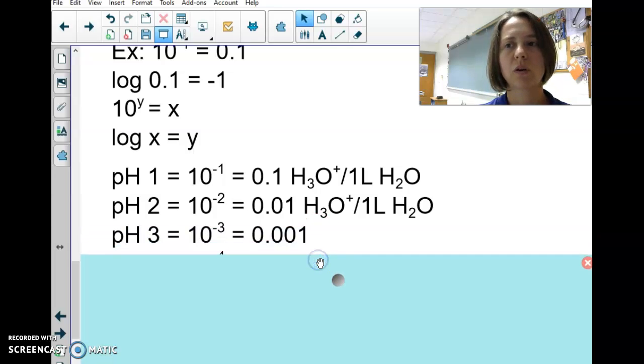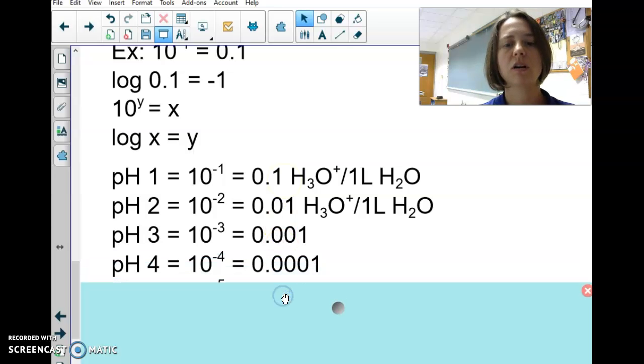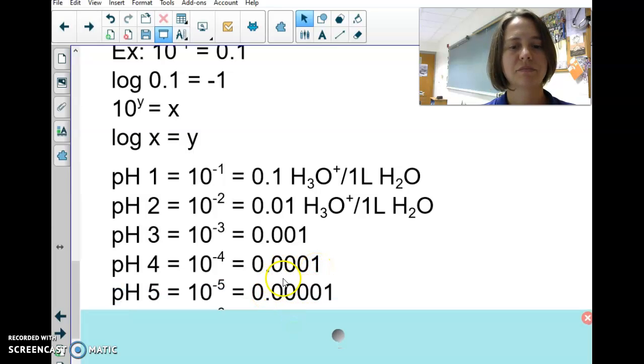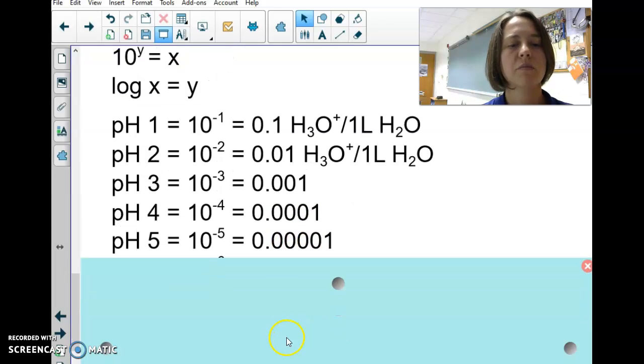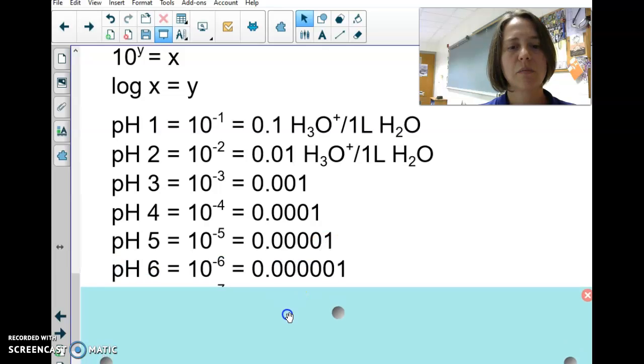And then we're becoming more and more neutral, less and less acidic. pH of 3 has 0.001, so it's 100 times less acidic than a pH of 1. pH of 4 is 1/10,000th, pH of 5 is 1/100,000th, 10 times less acidic. pH of 6 is 10 times less acidic.